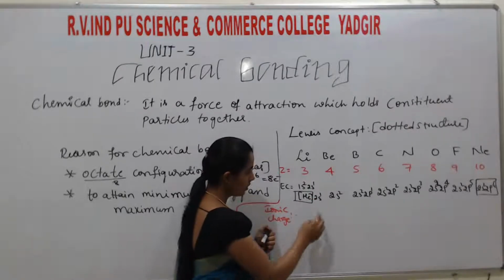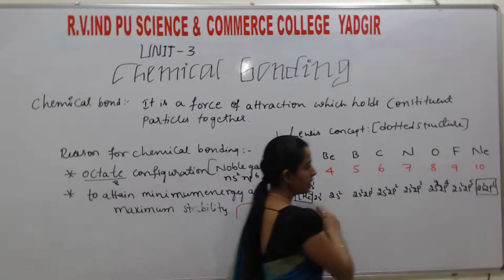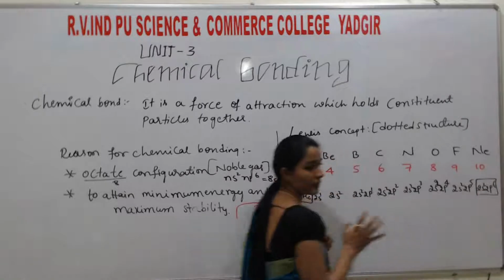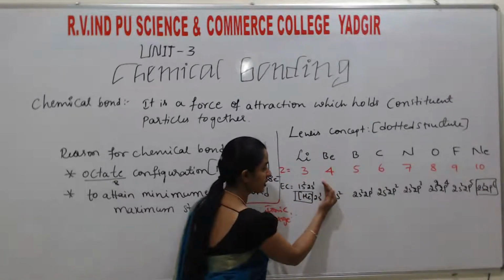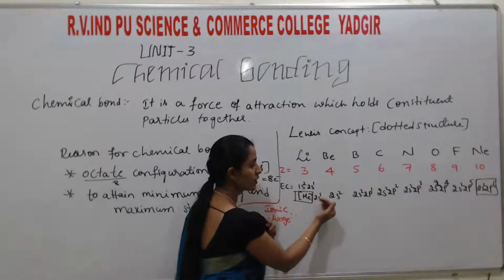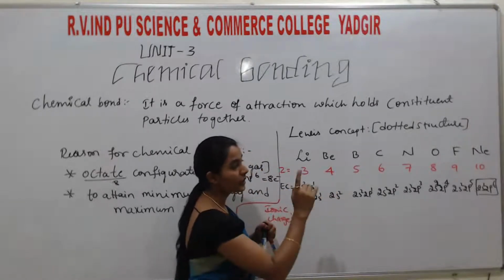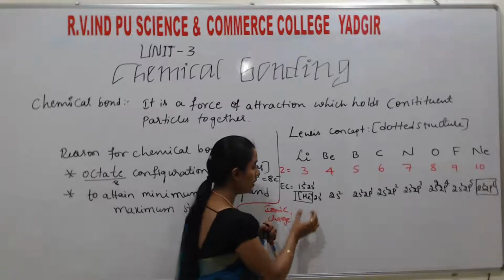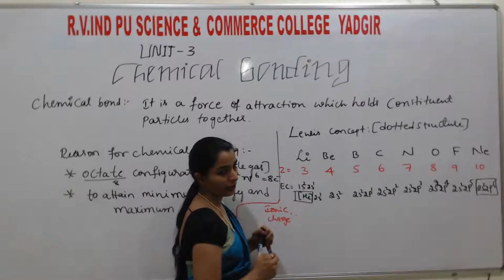Okay, so here, listen, this is helium 1s2 2s1. So to become 2s2 2p6, it requires 7 further electrons. But if it loses only 1 electron, it attains helium configuration.